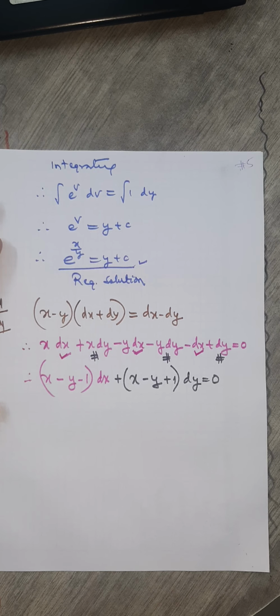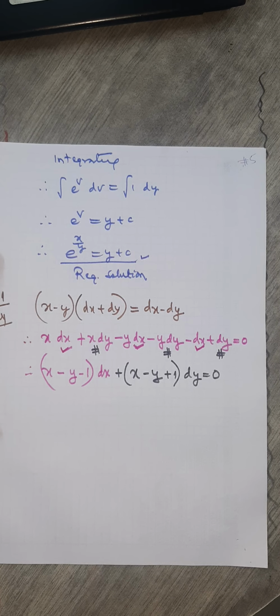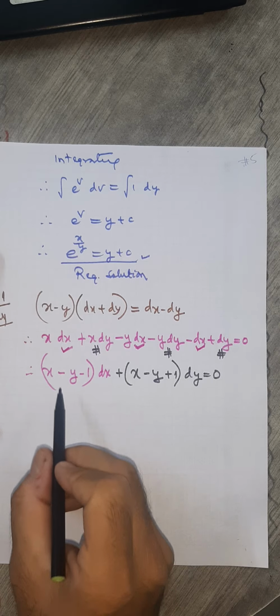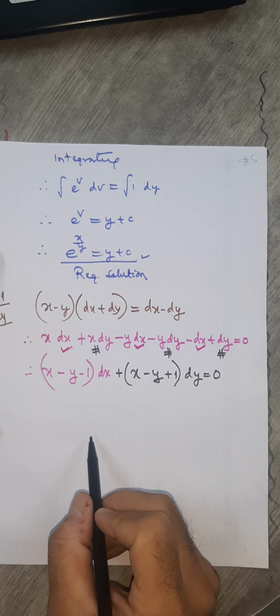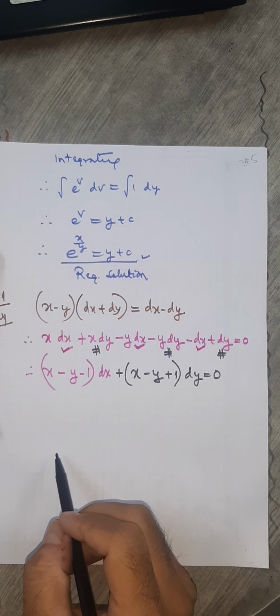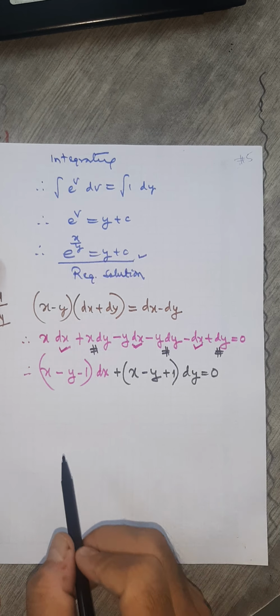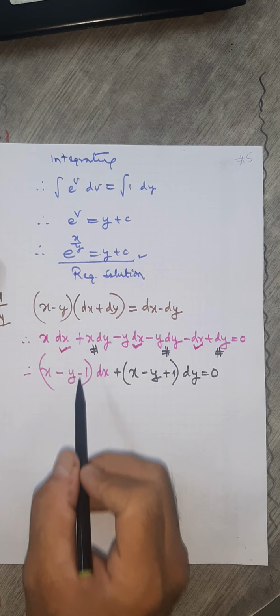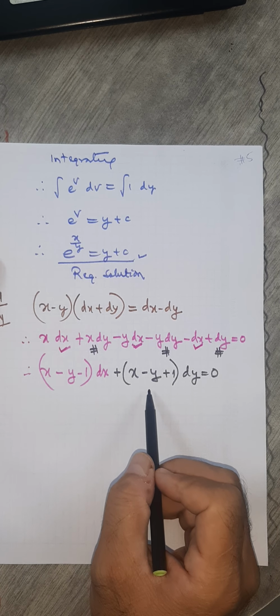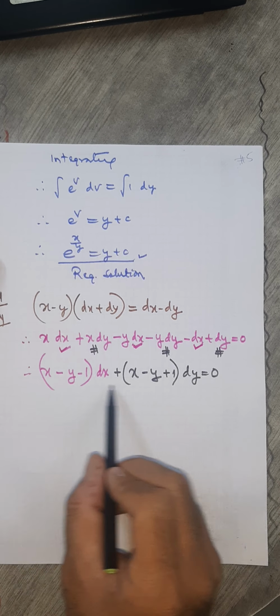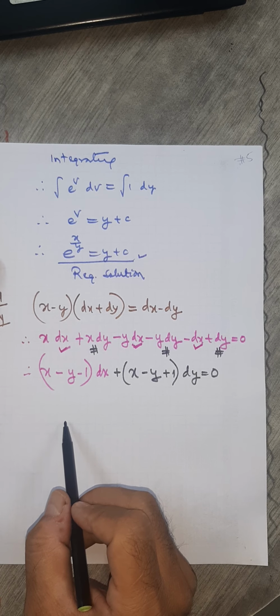Fine. Now you can see that this cannot be solved by variable separable form, because variables cannot be separated here. This is not homogeneous also, because here 1 1 0, here 1 1 0, degrees are not same. Even this is not a linear differential equation also.